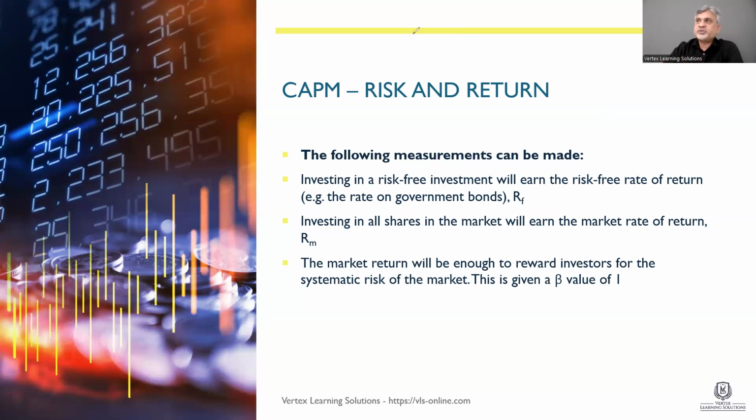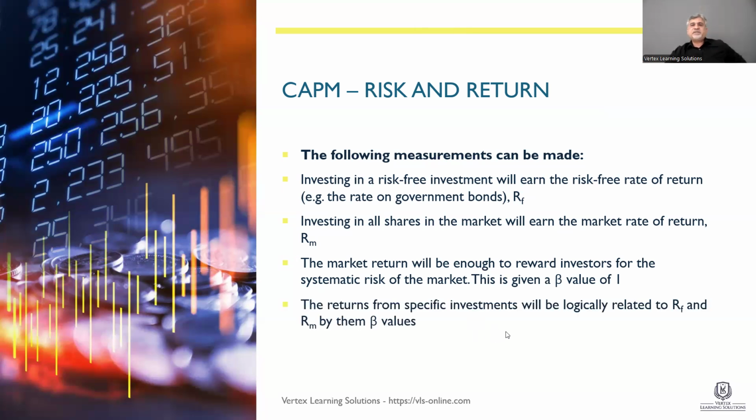Through this discussion, one thing we find out is that if we need to see how much return the shareholders are expecting, the cost of equity, it depends on the risk which they are taking. And how do we calculate risk? With beta. And do we have some formulas for calculating the betas? Yes, we do. We will see that.